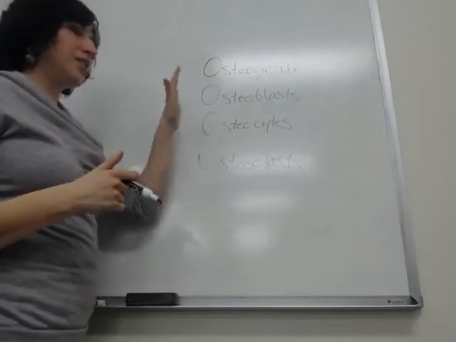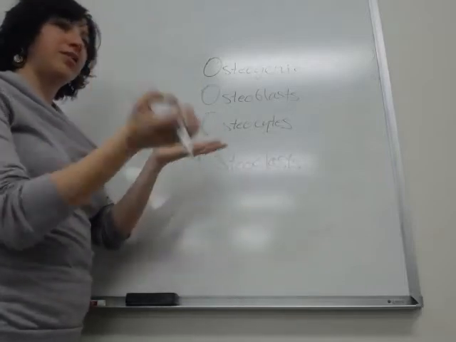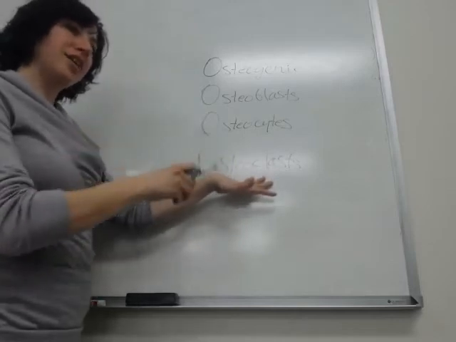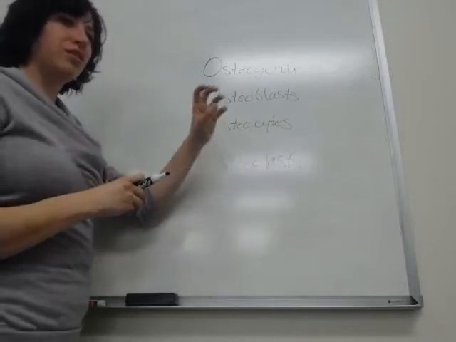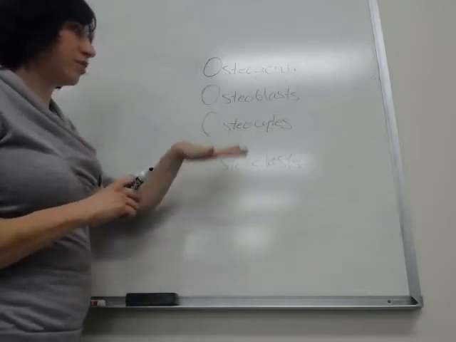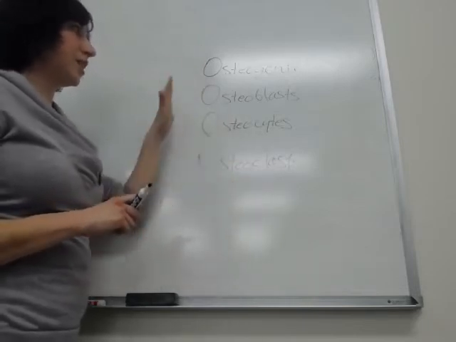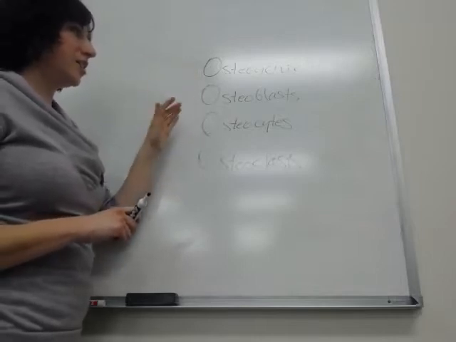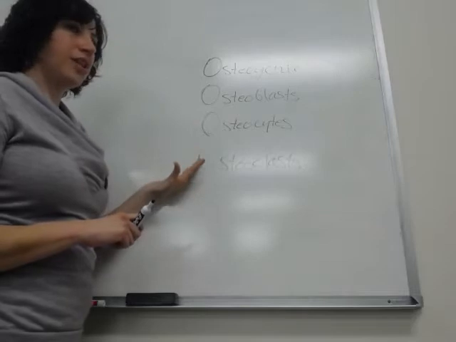So as osteoblasts are building matrix, calcium's being pulled out. As osteoclasts are breaking down bone tissue and matrix, they're going to put that calcium back in the blood. So we have our 4 different types: osteogenic cells, osteoblasts, osteocytes, and osteoclasts.